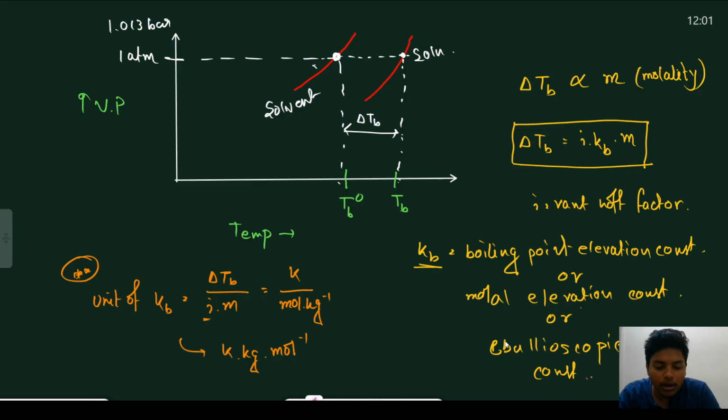Now, understood. So what is the elevation constant? What is the ebullioscopic constant? Sometimes they ask what is ebullioscopic constant. We know that delta TB is equal to i into Kb into m. So if i equals 1 and molality equals 1, then delta TB is equal to Kb. So what does it mean?